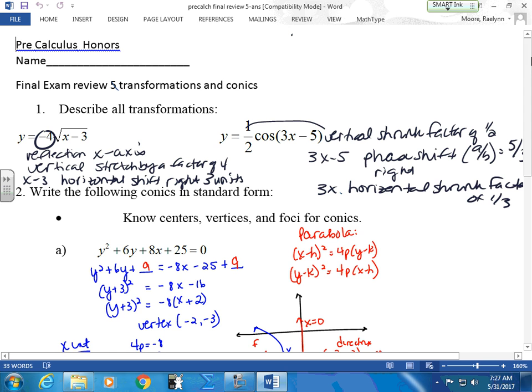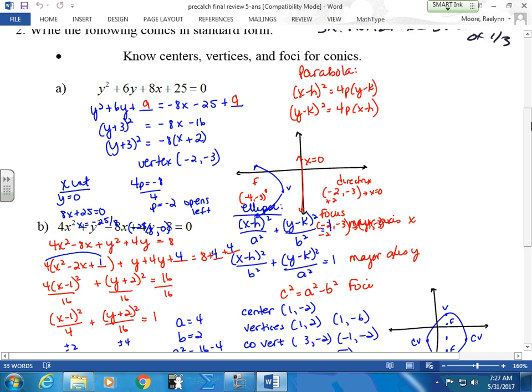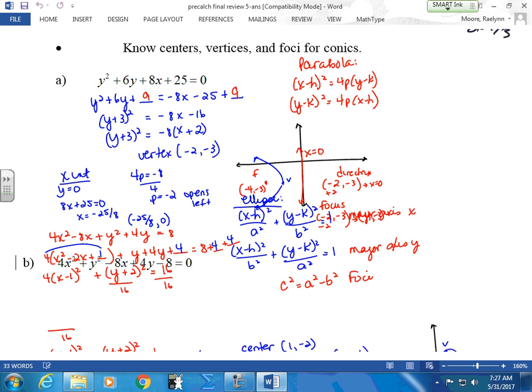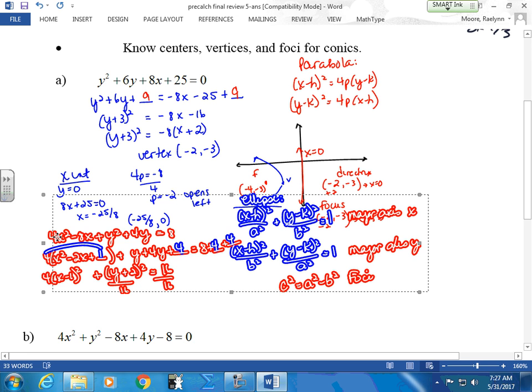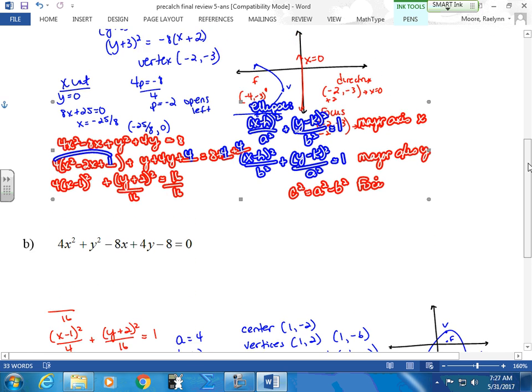All right, transformations I took out. My computer's a little bit messed up here. If I can move this tab.